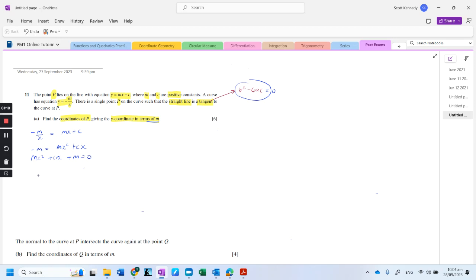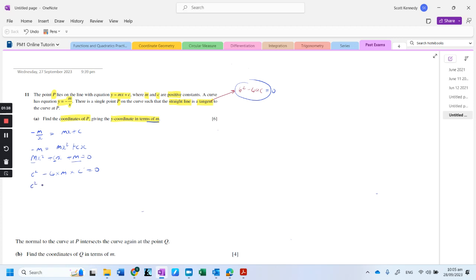Now we're going to use the discriminant and set it equal to 0. So c squared, because that's our b value, it's in front of the x, minus 4 times a times c, a and c are those ones, should be equal to 0 for the discriminant.